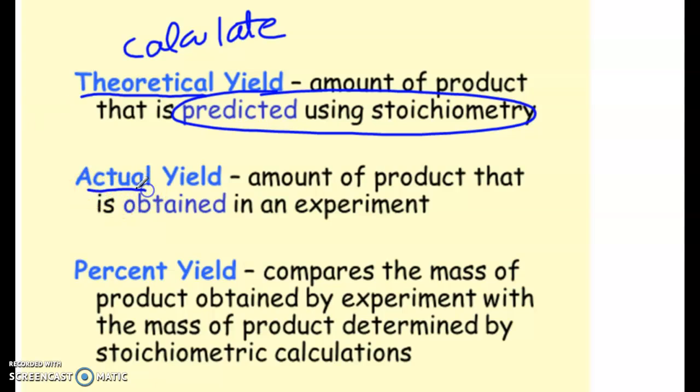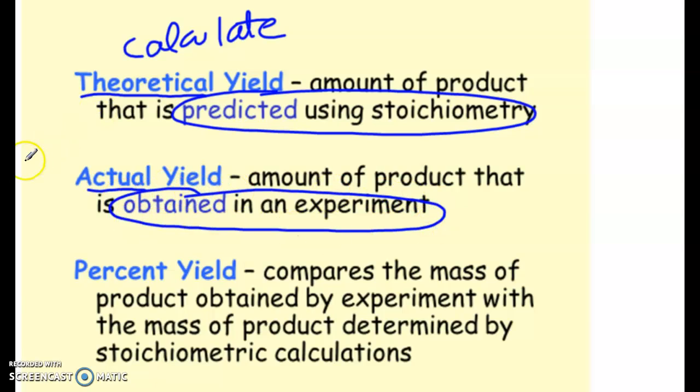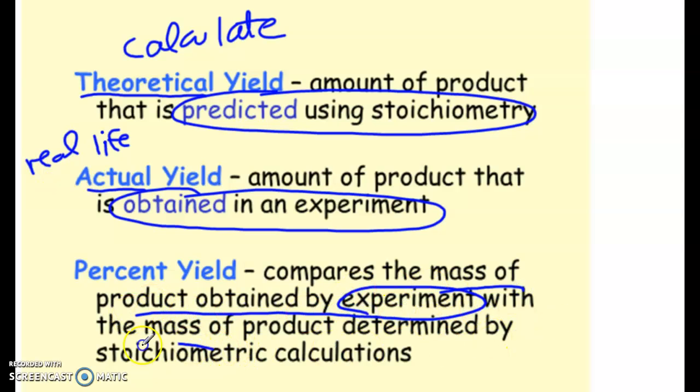Actual yield is essentially the experimental yield, or the amount that is really obtained from an experiment. So the actual yield is essentially the real life product amount. Okay, and essentially percent yield is a ratio comparing those two things. So it compares the mass that we get from an experiment to the amount we were supposed to get from stoichiometry.